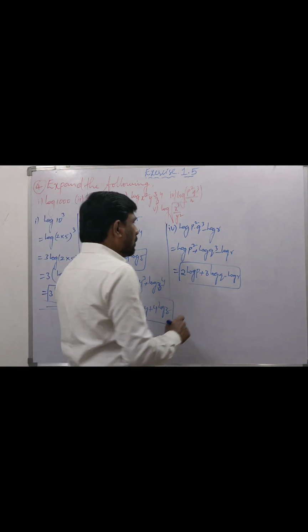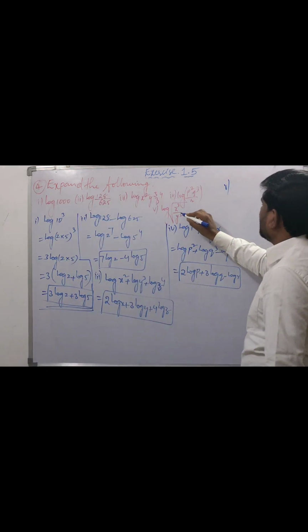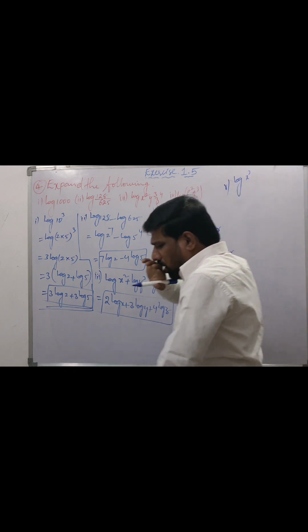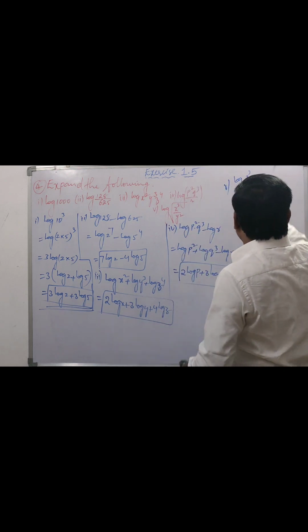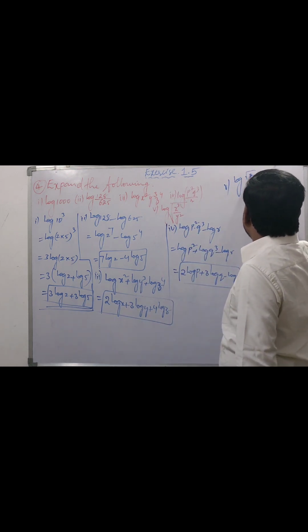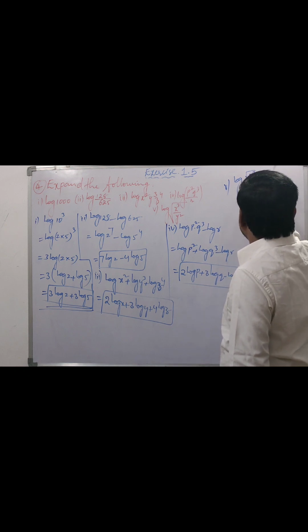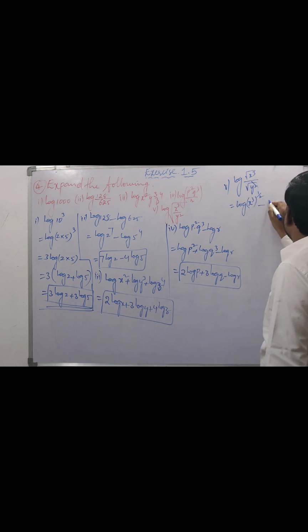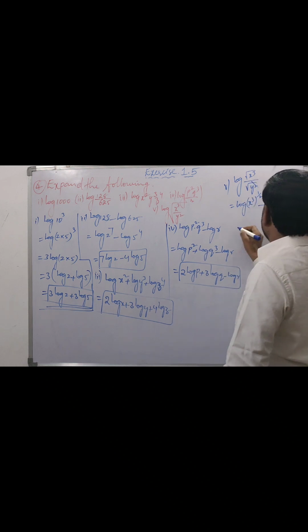Right. Next, last one but not least, this can be written as logarithm of root, which is nothing but whole power 1 by 2, right? X power. Otherwise, you separate the root for both: root x cube by root y square. So this square root gets cancelled. This can be written as logarithm of root x cube, which is nothing but x power 3 by 2, minus log y.